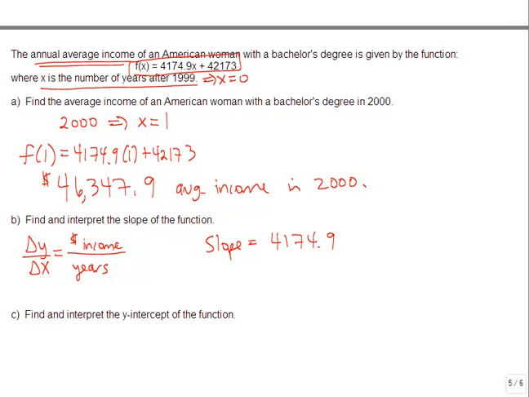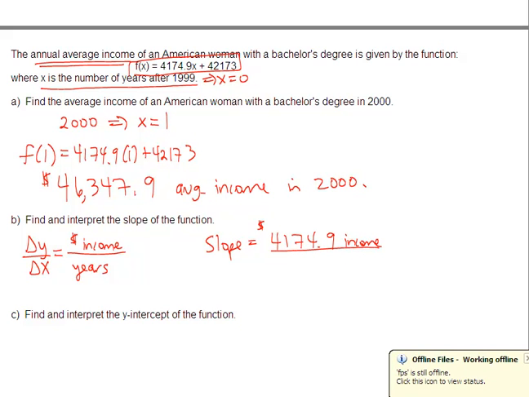So what I like to do to interpret my slope is I take this m number and I'm going to put some units on it. The top is that dollar income, and this is over years. And if you put a 1 in here on the bottom, that can help you figure out how to interpret this. I'm just going to kind of say it out loud. This means that the dollar value in the income goes up, and I'm saying up because it's positive, $4,174.90 per year.